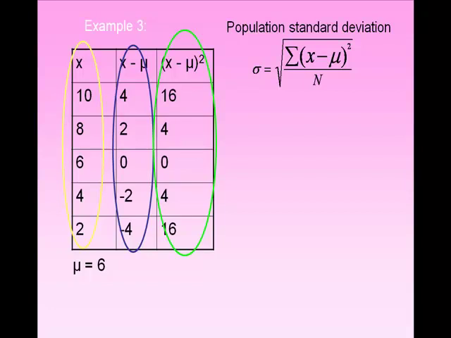The formula for the population standard deviation is seen at the top right hand of your screen. I'm going to plug in mu. I'm going to plug in sigma, meaning add all of these deviations squared, which is 40, and I'm going to plug them into the formula at the top right of your screen.